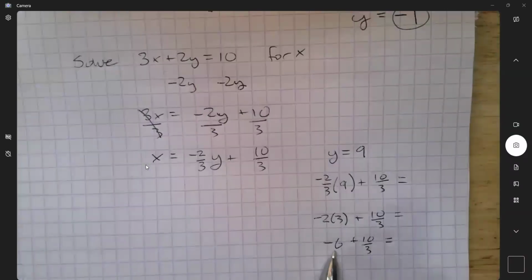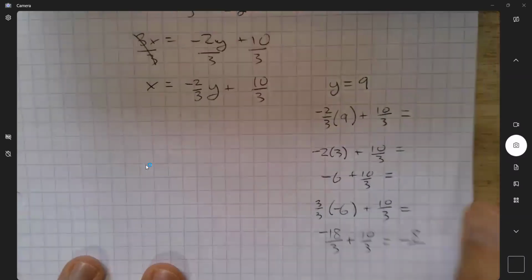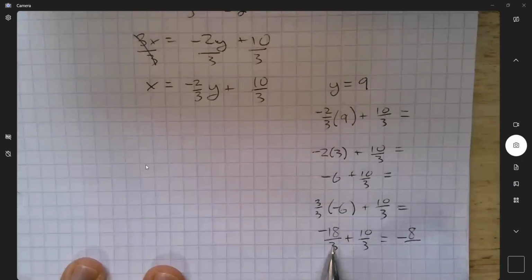I can't add them when they don't have the same denominator, so I'm going to multiply my negative 6 by 3 over 3. And I get negative 18 over 3 plus 10 over 3, which is negative 8 over 3, and that's my x.